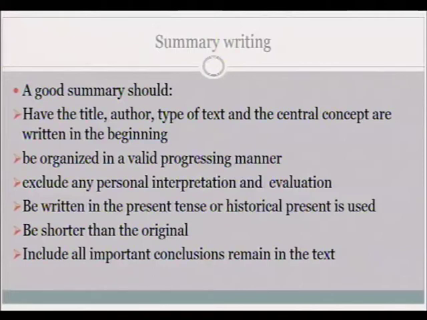We don't bring anything into the summary. We rather extract important points from the author's ideas. It should be written in the present tense or historical present tense. Obviously, it should be shorter than the original, and it should include all important conclusions in the text.